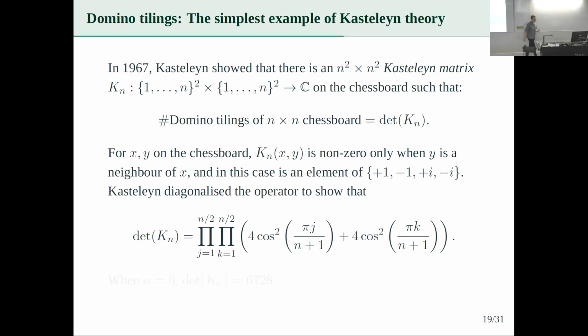So this formula is particularly remarkable because it's a product of a bunch of terms, none of which are integers. But somehow when you multiply all of these terms together, they conspire to make an integer. So when n equals 6, for example, there are almost 7,000 ways of tiling a 6 by 6 chessboard with 2 by 1 dominoes.